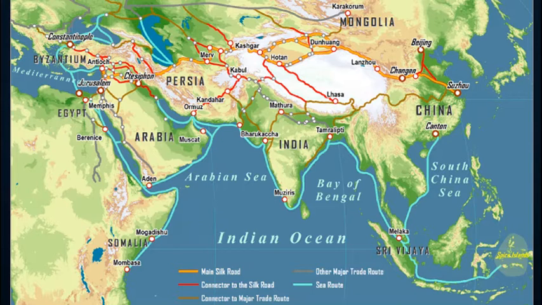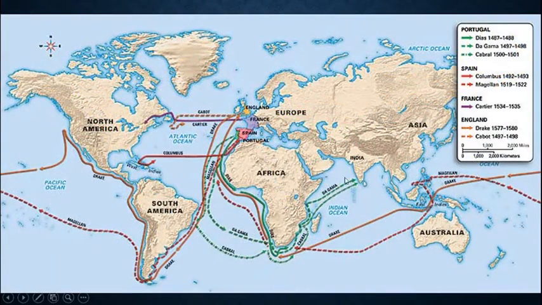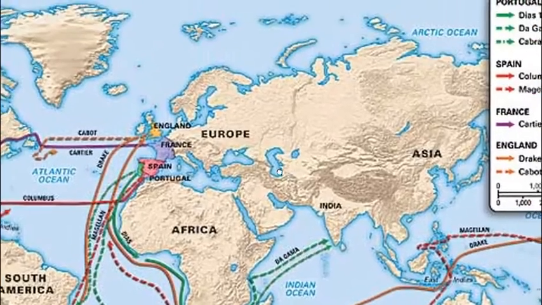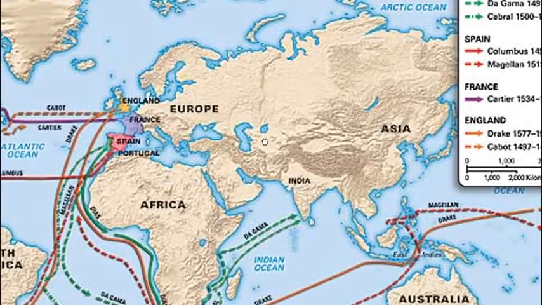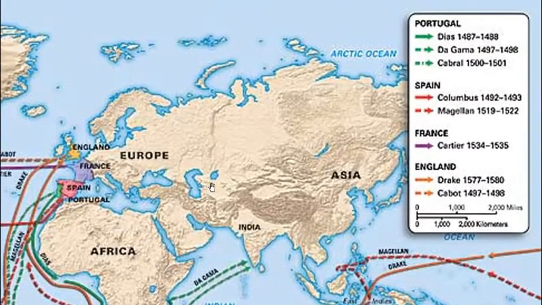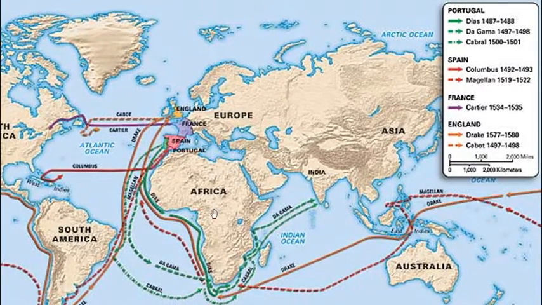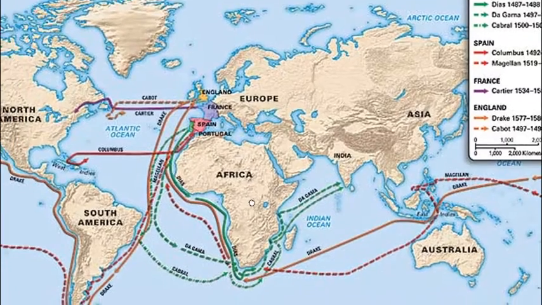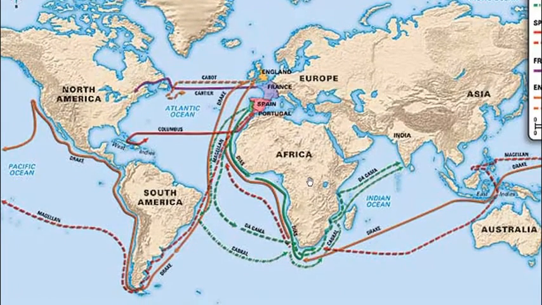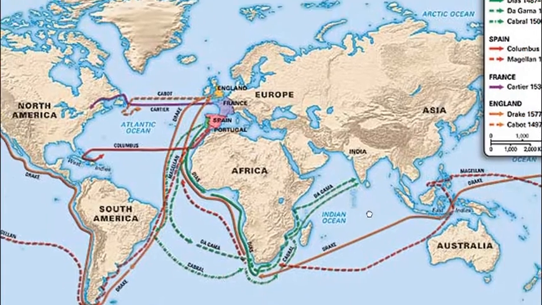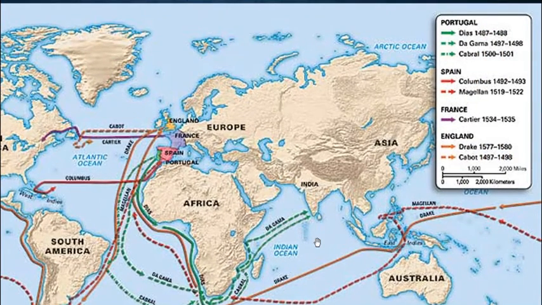Okay, and this is the second map, again with the arrows, the color of the arrows. So based on the first map and the second map, what have you noticed?